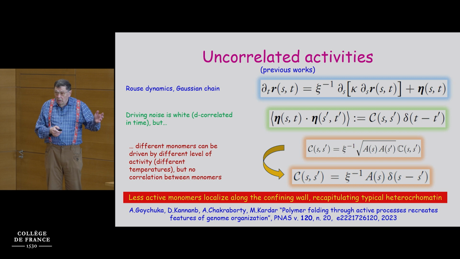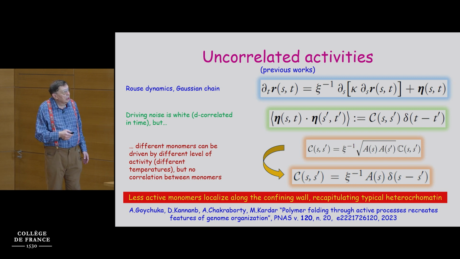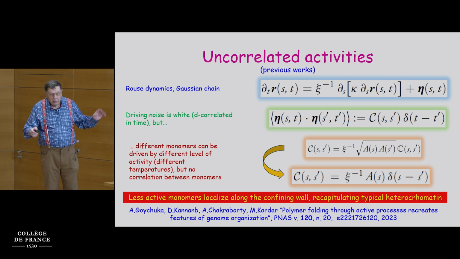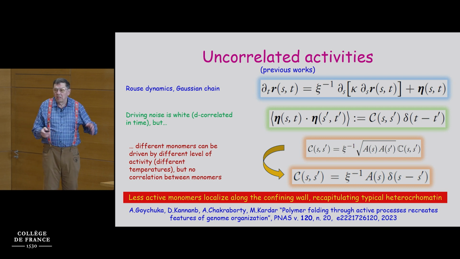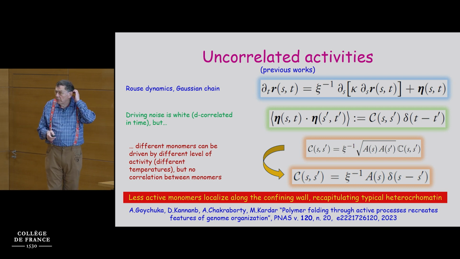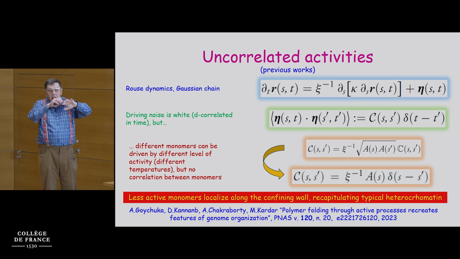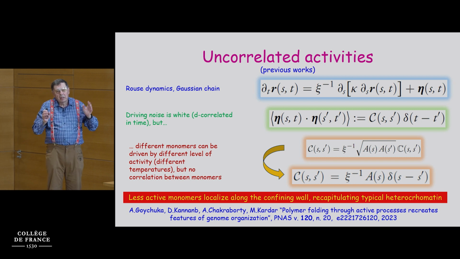So we can go back, of course, to uncorrelated monomers. Instead of this general correlation function between monomers, I now consider that there is no crosstalk between different monomers. Different monomers are uncorrelated. Sure enough, they rediscovered the same thing that other people see in this situation. They discovered that, for instance, less active monomers sit on the periphery, pretty much in every model.